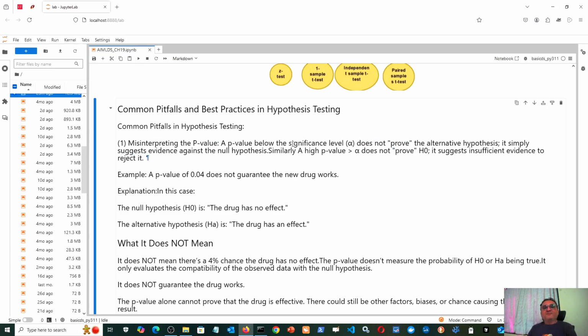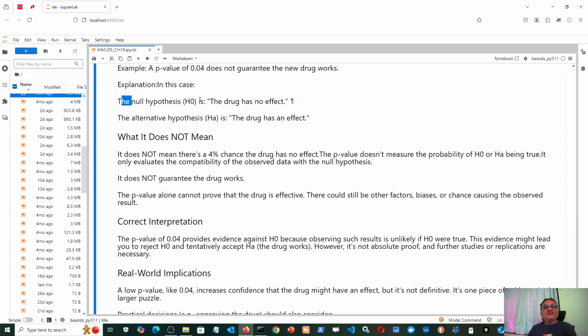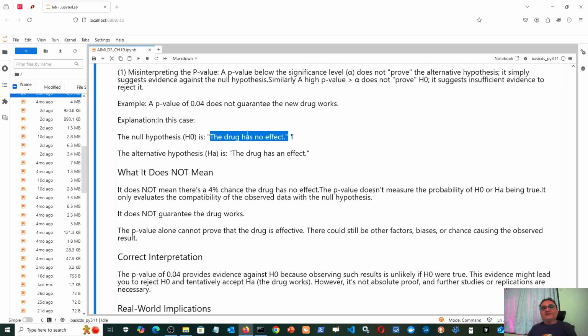Misrepresenting the p-value. Now, suppose you have this kind of null hypothesis about a new drug being introduced, a new medicine for, say, blood pressure or some other health condition. Then as a drug approval authority, you are supposed to test whether the drug is actually effective or not. As discussed earlier, you will decide this by making two samples.